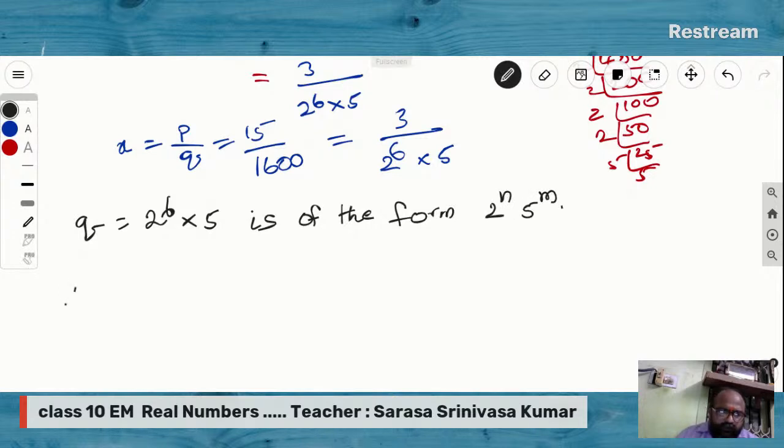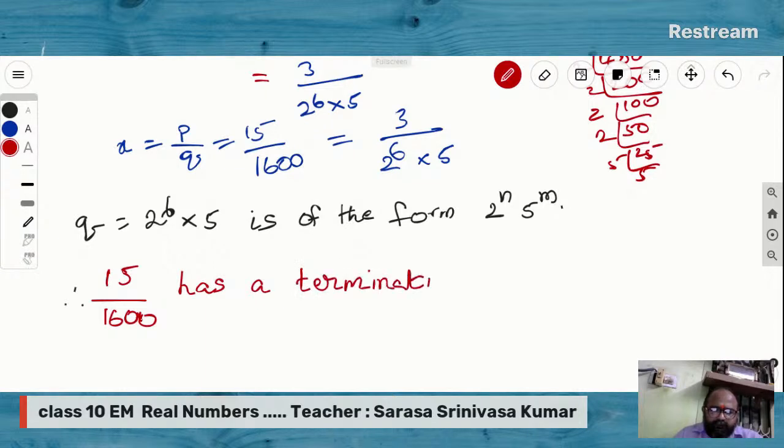Therefore, 15 by 1600 has a terminating decimal form.